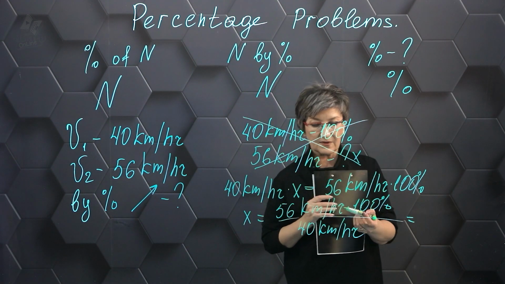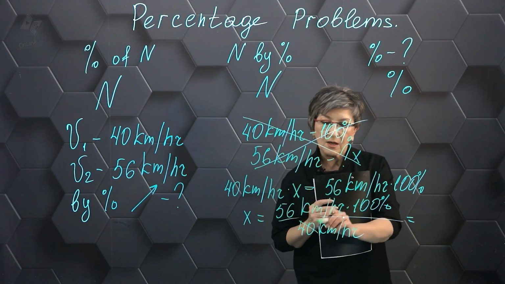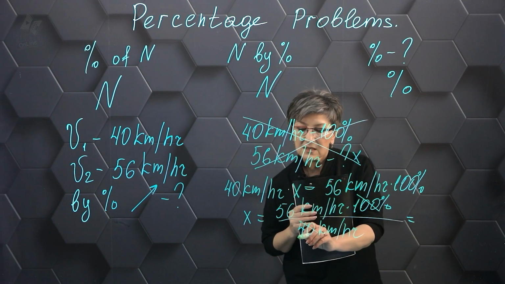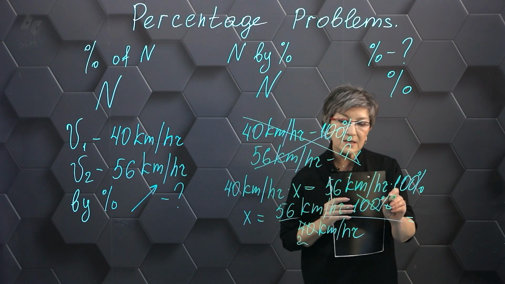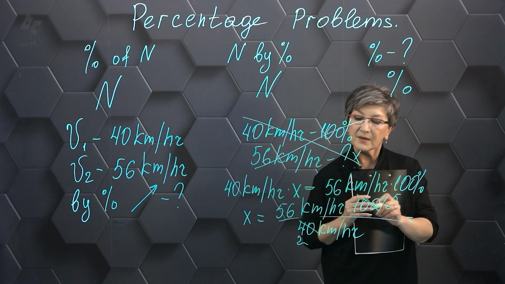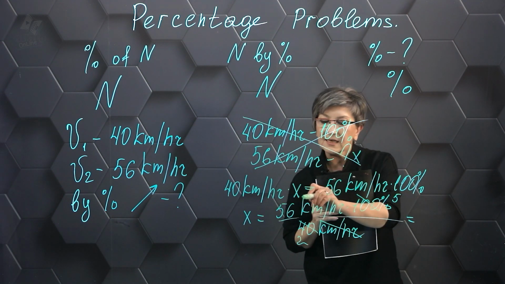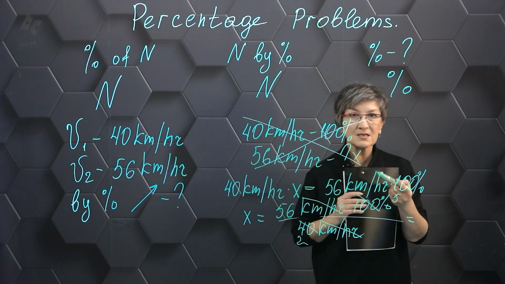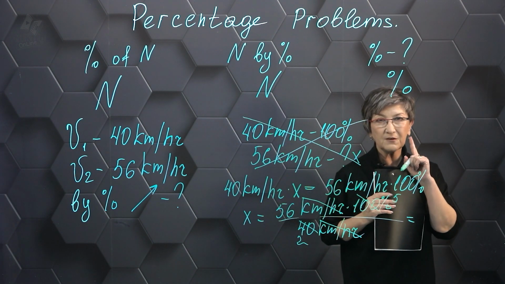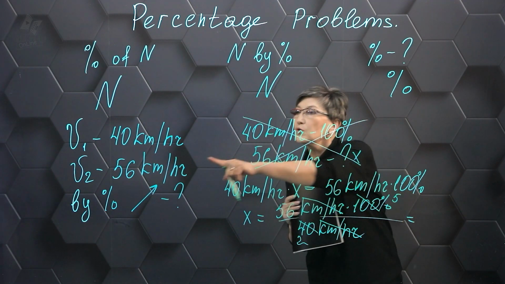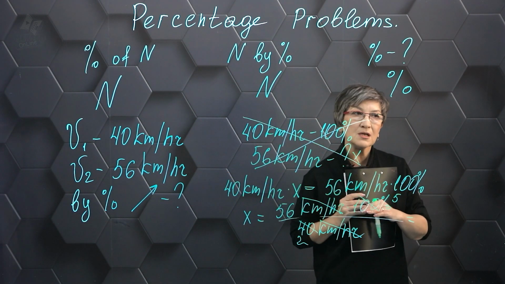Let's reduce it: 40 and 100, we divide by 20, and get 2 and 5. Next, notice the kilometers per hour are getting reduced. What's left in my answer? I'm left with percentages, which is what we need to find.